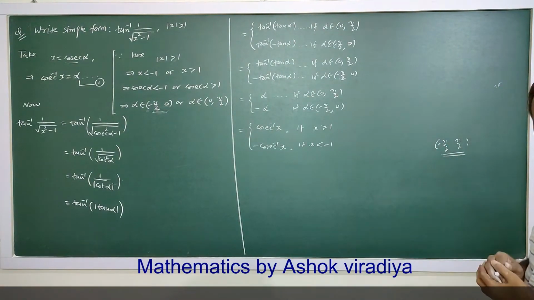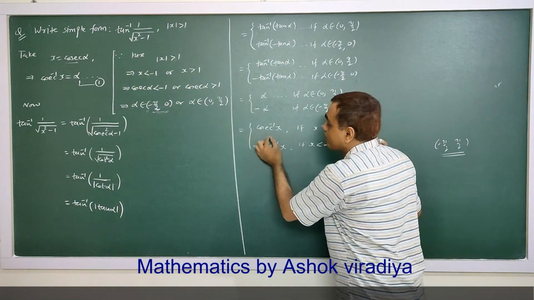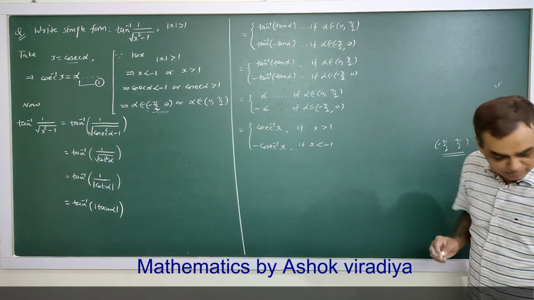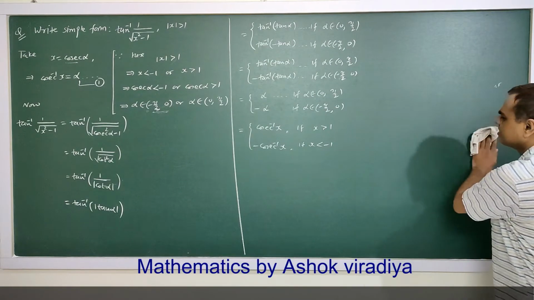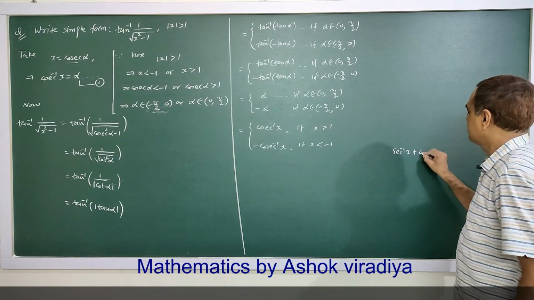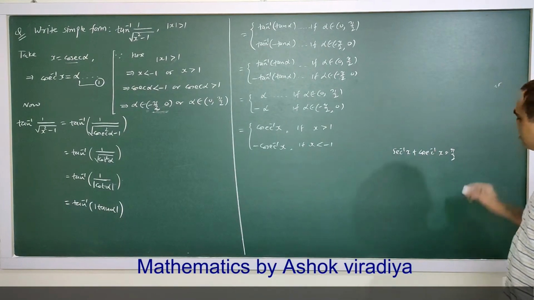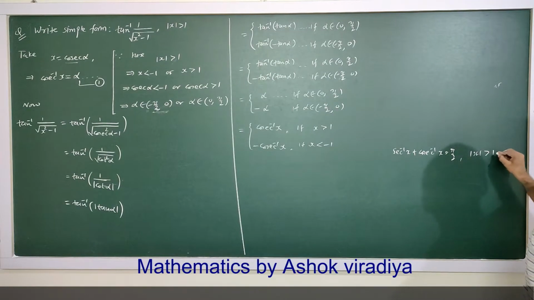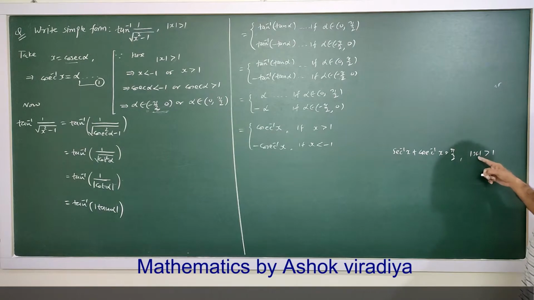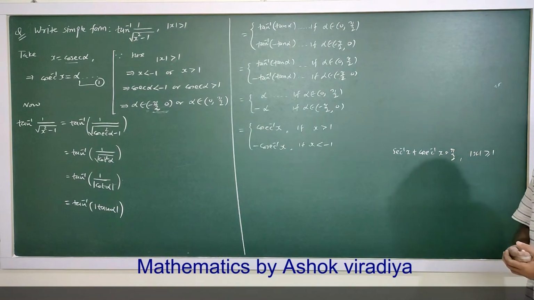Simple form. This simple form can also be converted in terms of sec inverse. See, we have a property. We know that sec inverse x plus cosec inverse x is pi by 2 if modulus x is more than or equal to 1. We know this is the property.